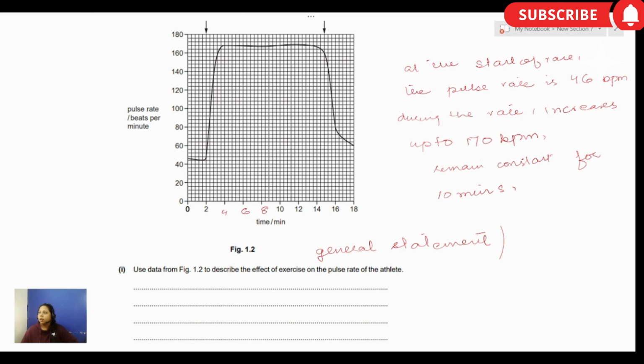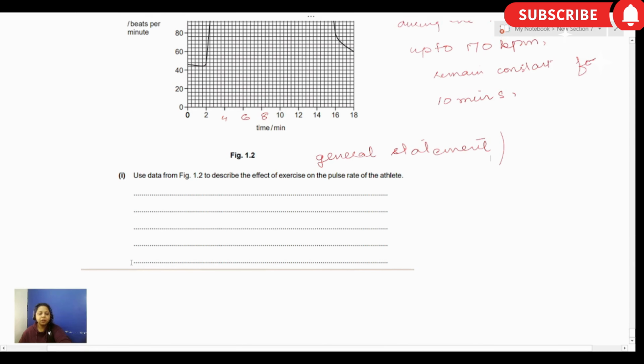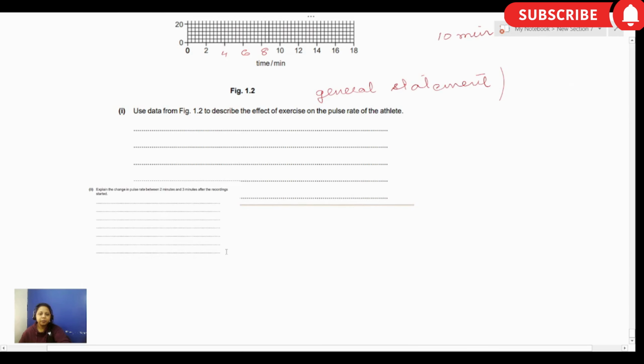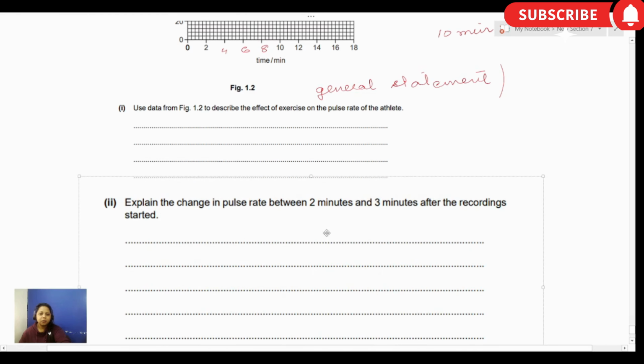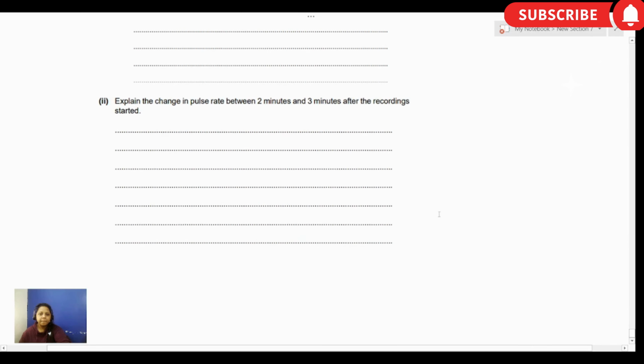Okay, the next question is related to the explanation. Why do you think this increases or decreases? Why does it increase during the race, remain constant, and then decrease?